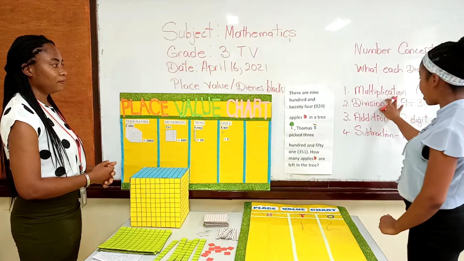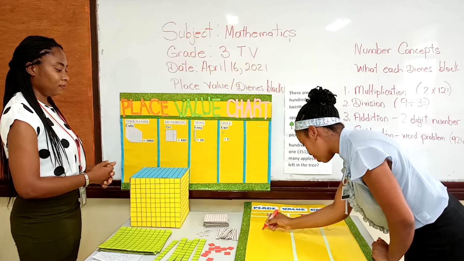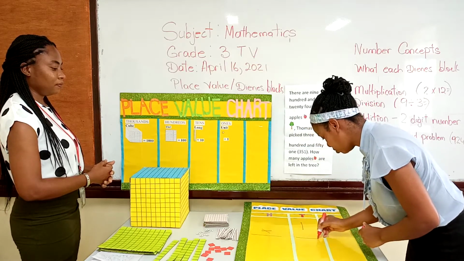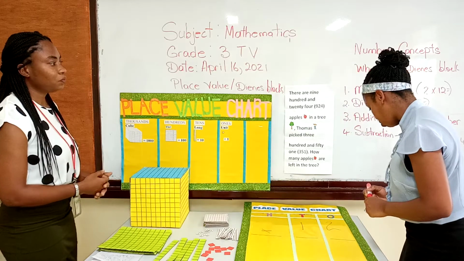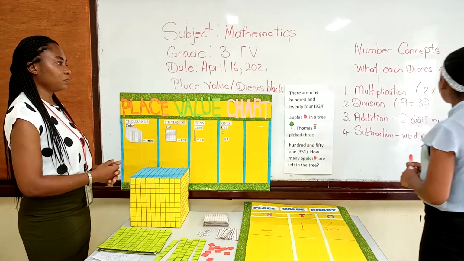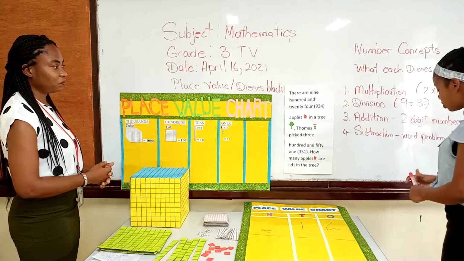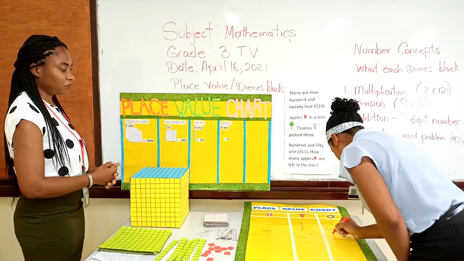And we're multiplying, so we use the multiplication sign. We use the 2 that we are multiplying the 12 by, to go under the ones column.